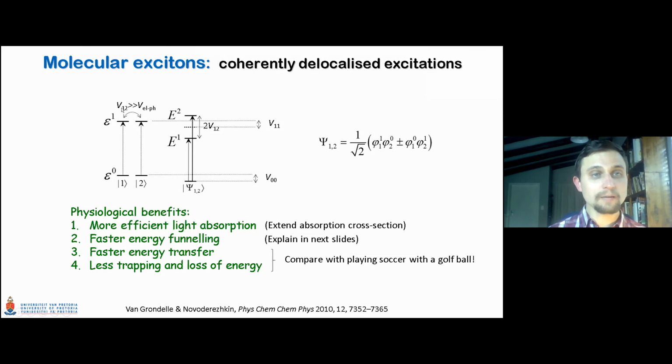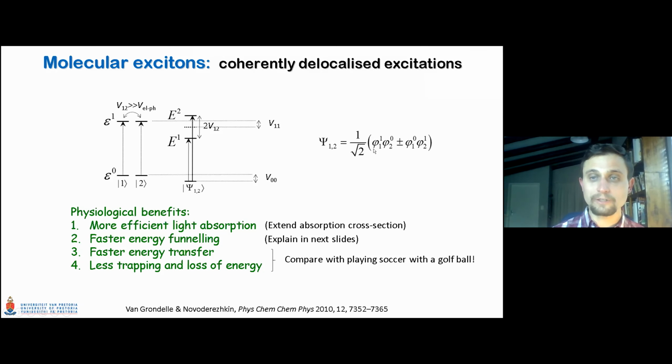Okay, now if this coupling strength is much greater than the coupling between the excited state or the electronic transition dipole moments and the environment, and by environment I mean the phonons, the vibrations. So if this electron-phonon coupling is much smaller than the coupling between the two-level systems, what will happen is that the wave function of this coupled system will be delocalized over both of these molecules.